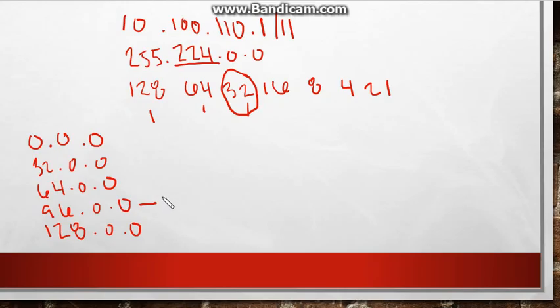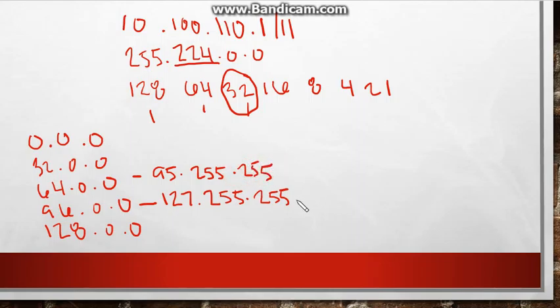Let's find the range. We subtract 1 from here and that turns into 127, and those zeros fall back to 255. Same thing here: 95.255.255. If we add one IP address here, this turns to 256, so we roll it over to 0, carry the 1, and that equals 128. There it is.